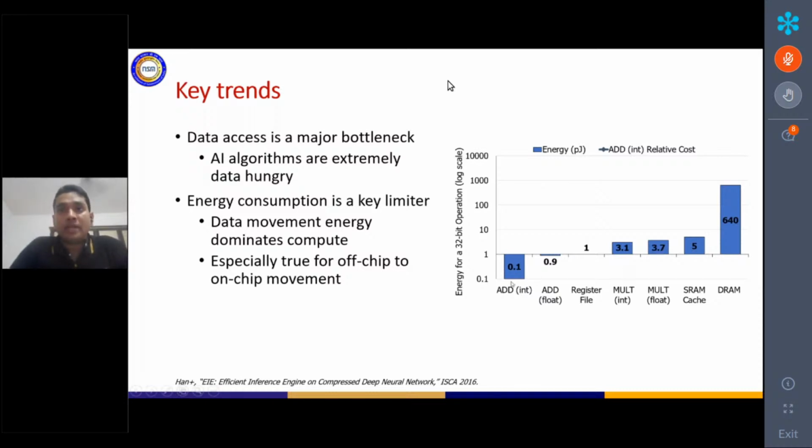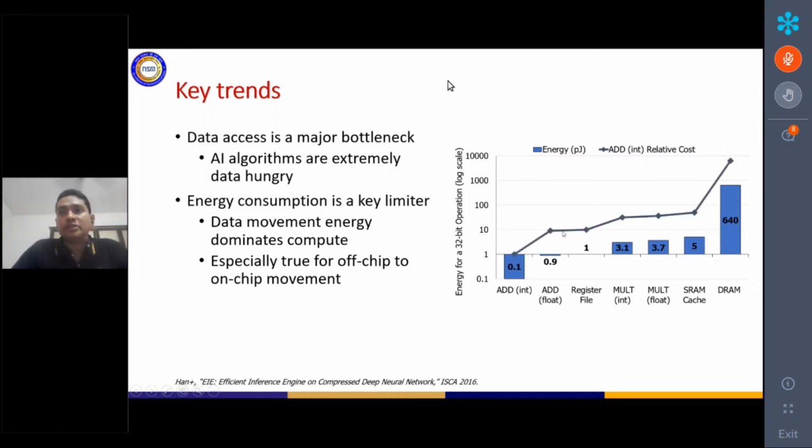And if you just compare with add operation, this DRAM access needs almost 6400 times the energy to access this DRAM, right? So SRAMs or cache-based memory that are on chip give you very short access time that we have seen in the previous slide. And now you can see here SRAM is also giving you much more energy efficiency in terms of memory accesses, and DRAM is giving you much more energy consumption, right?